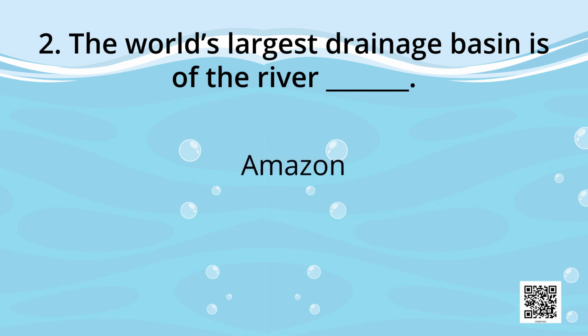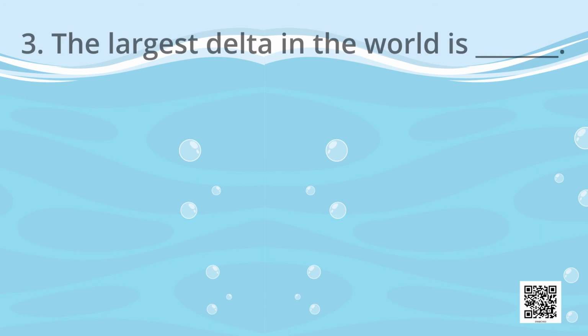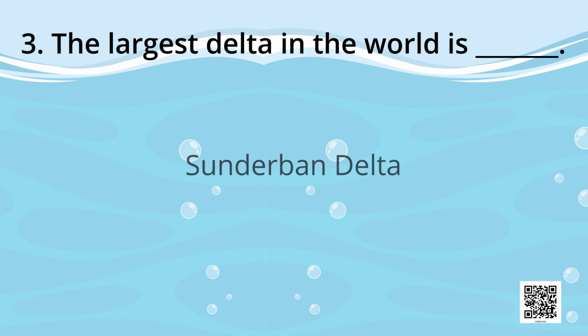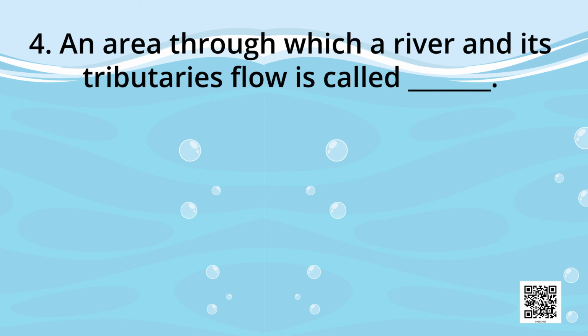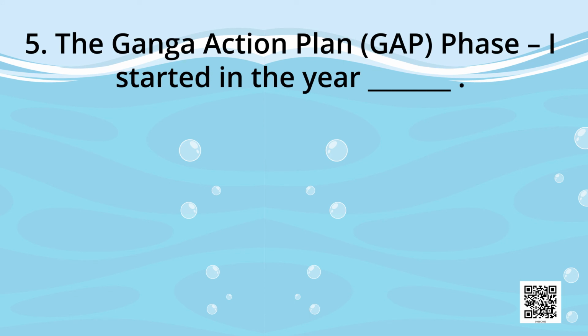Very good. Question number 3. The largest delta in the world is Sundarban Delta. Very good. So next is, an area through which a river and its tributaries flow is called basin. So, the Ganga Action Plan Phase 1 started in the year 1985. Very good.